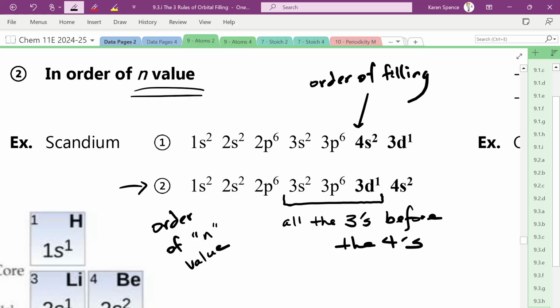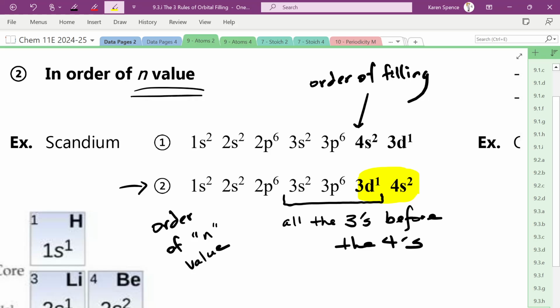Let's say you wanted to form a +1 ion. You would remove a 4s electron first. If you wanted to form a 2+ charge, you would remove both 4s electrons. But if you wanted to form a 3+, only then would you take out the 4s2 and then the 3d1.